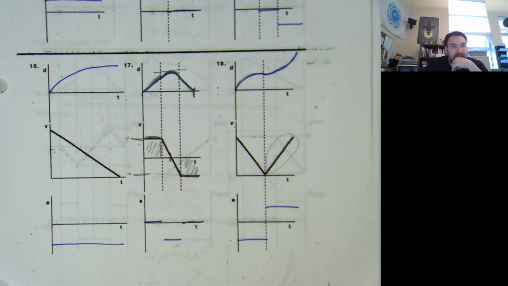Okay. Going once, twice, thrice. Sold. There's another page. Keep going.